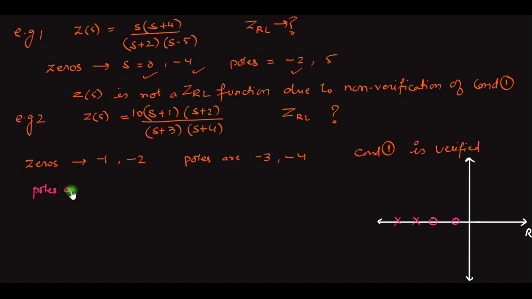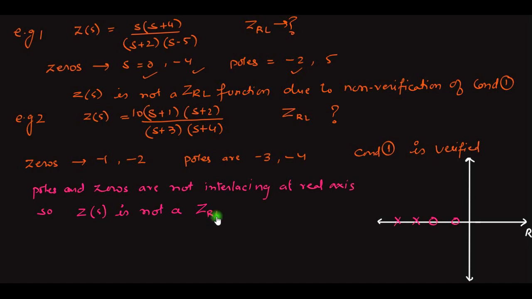Poles and zeros are not interlacing on the real axis. So Z of S is not a ZRL function.